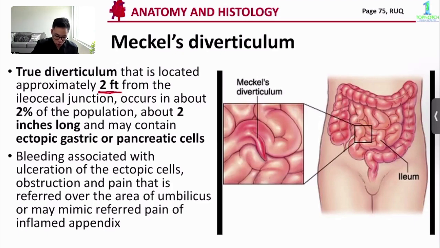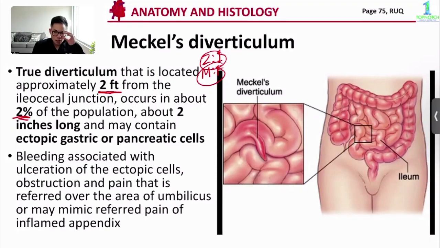It occurs in about 2% of the population. It is 2 inches long and contains 2 types of tissues. It can be ectopic gastric, pancreatic, or a mixture of both. There is also a ratio for this one, 2 to 1. 2 males get it for every female.